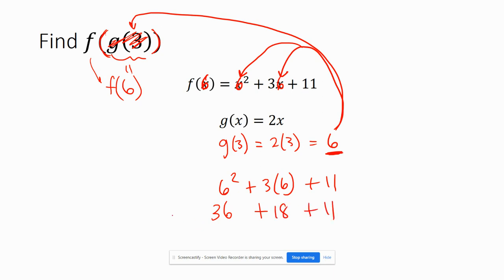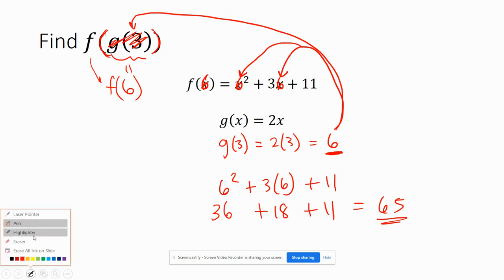And we just go left to right. 36 plus 18 plus 11. A calculator could maybe save you some time and a headache. And this comes out to be 65. So our overall answer is just 65. We're saying f of g of 3 is 65.